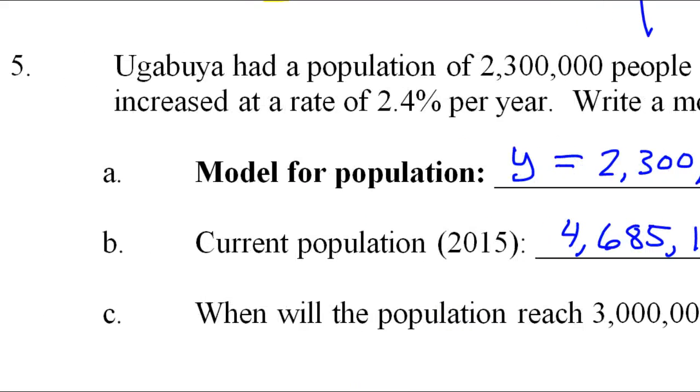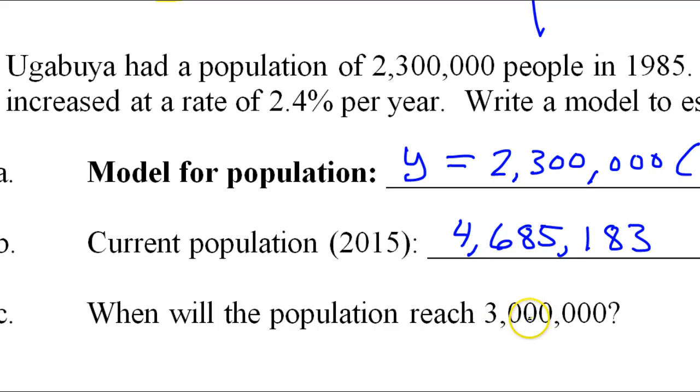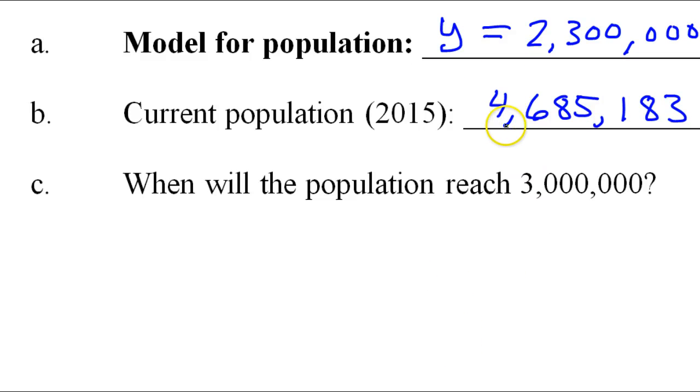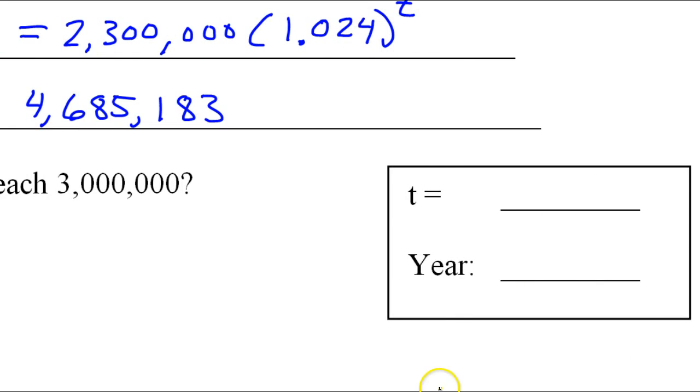Now, when will the population reach 3 million? Okay, well, the population already reached 3 million, but when did that happen? Okay, so we're already up to 4 million in 2015. Okay, let's see what t value that was.